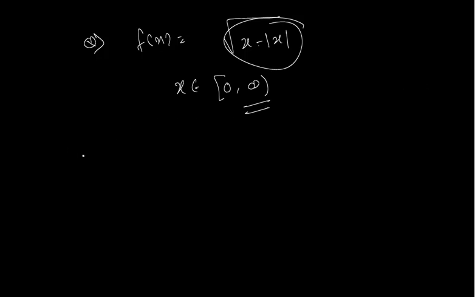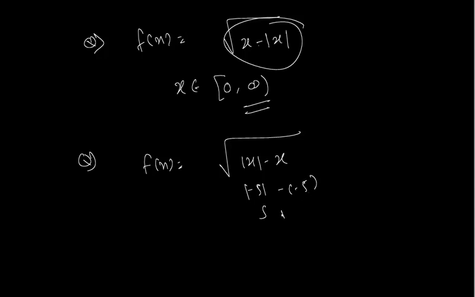Clear? Similarly, they can ask f(x) is equal to the same process, like modulus x minus x. Then what do you say? Here all negative values are possible because you try with any negative value. Suppose I try with -5, so modulus of -5 becomes 5, and minus of -5 becomes +5, so that's possible. That means all negative values are possible, and all positive values if I take them are also possible.